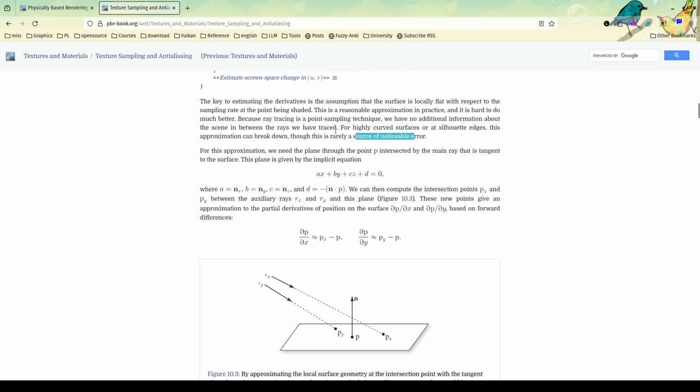So because the surface is flat, we can have a plane at a point P intersected by the main ray that is tangent to the surface.